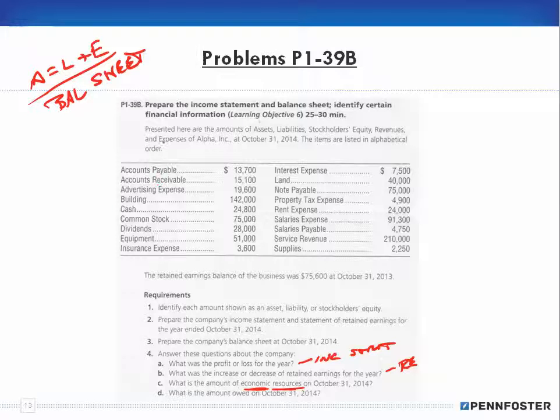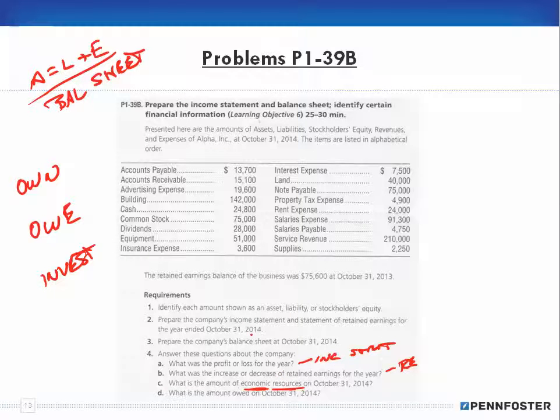So if assets are what we own, and liabilities are what we owe, and of course equity is the investment in the business, or the net worth of the business to a certain extent, right?